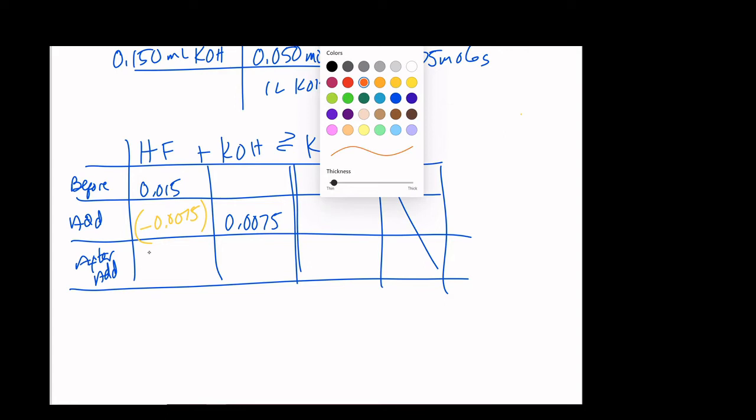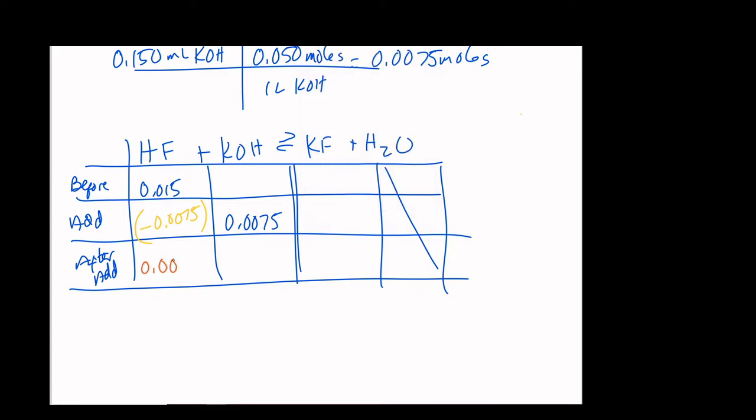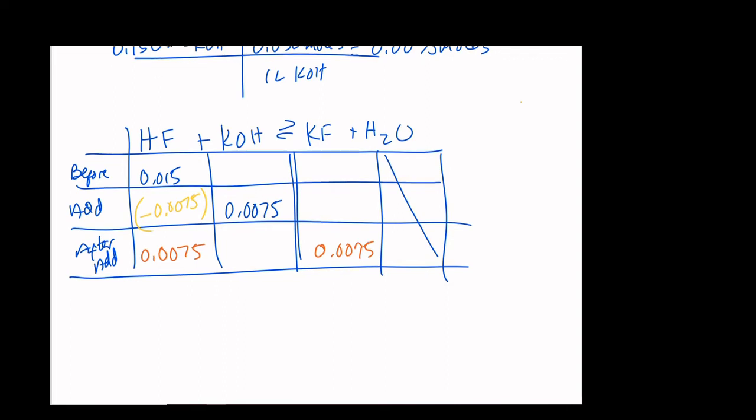So we're going to end up with 0.0075 moles of HF, okay? And we're going to have 0.0075 moles of KF after the reaction. So we end up with equal amounts of each.